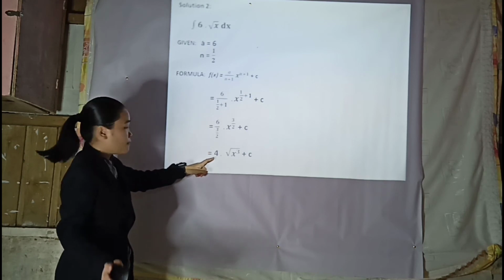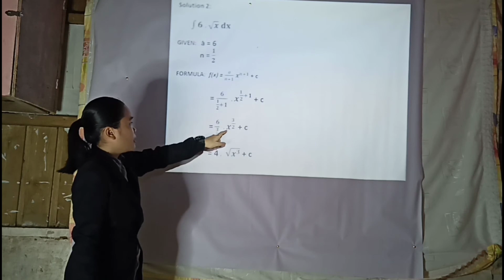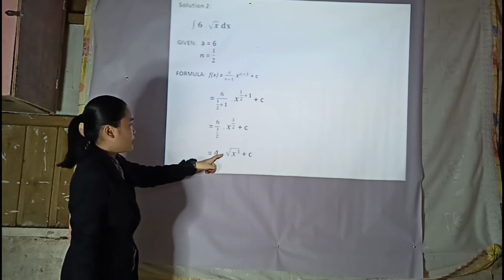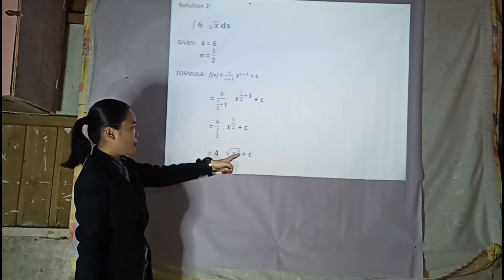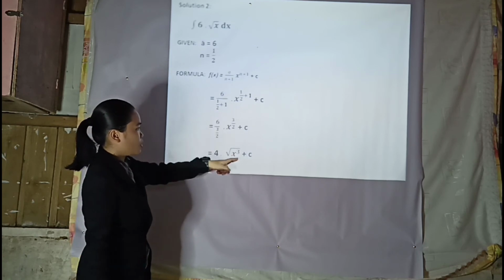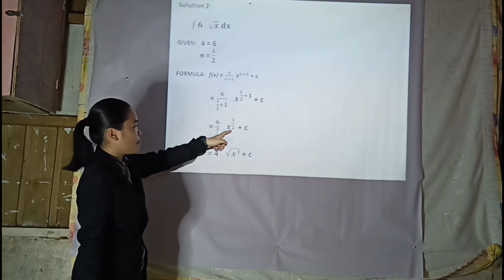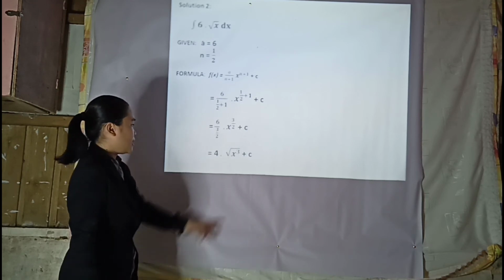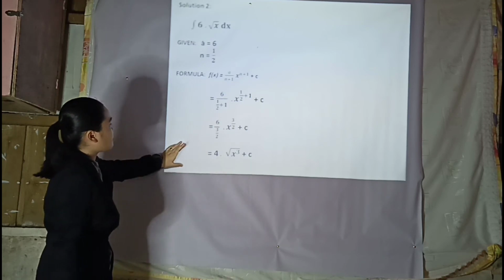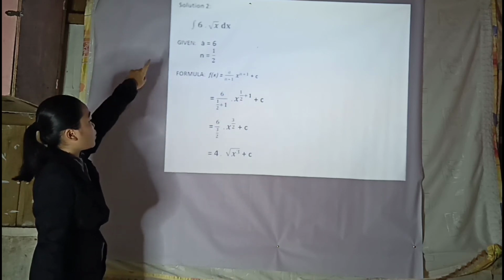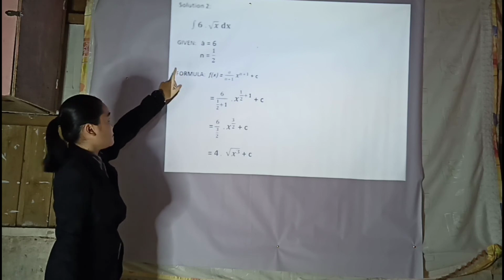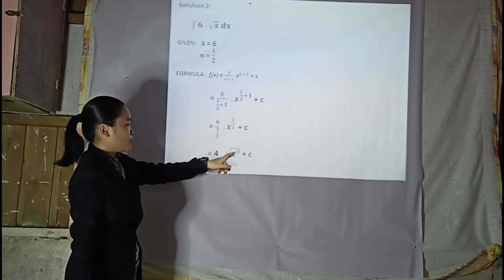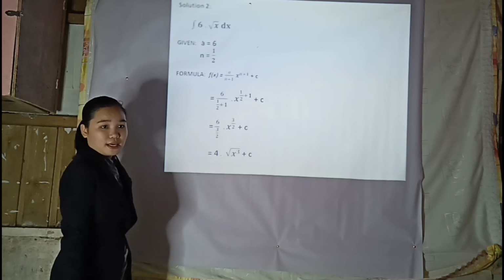The answer is 4 times, we will simplify this, x raised to the power of 3 over 2. We have square root of x raised to the power of 3. So, our numerator will be our exponent and the denominator will be placed outside of the radical sign, plus c. So, this is our final answer for the integral of 6 times square root of x dx. So, we have 4 times square root of x cubed plus c.